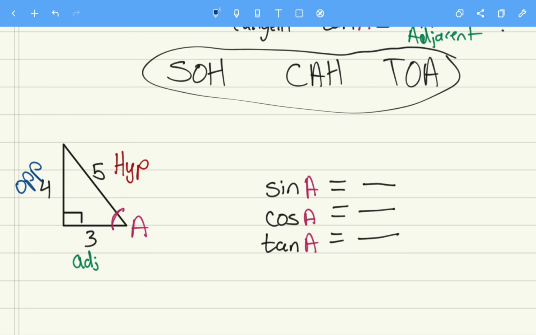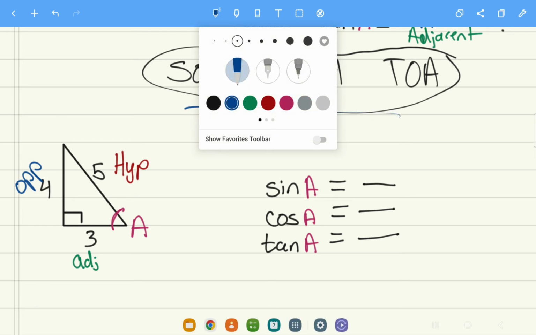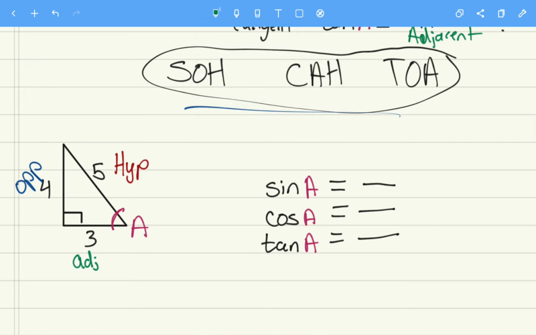Now that we have our three sides labeled, we can go ahead and use SOHCAHTOA up here to help us put in our side lengths. So sine is opposite over hypotenuse. Opposite is 4, hypotenuse is 5.